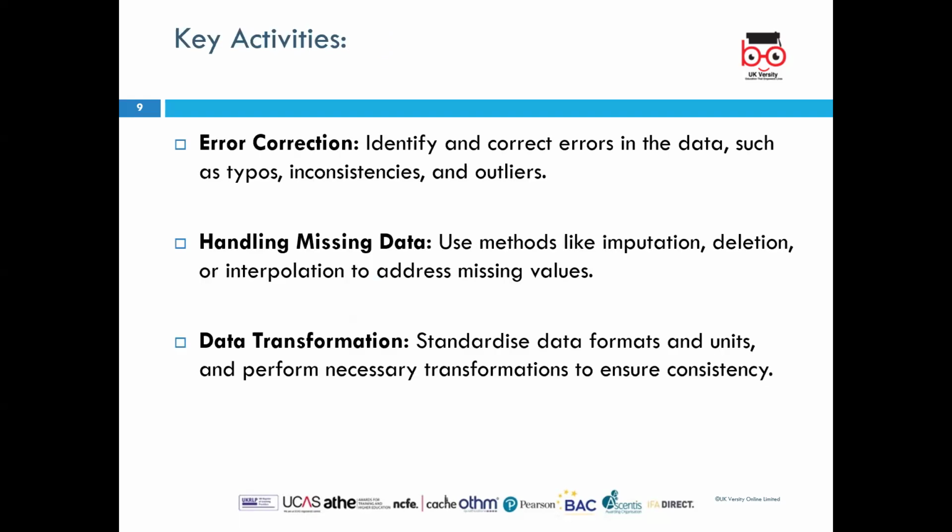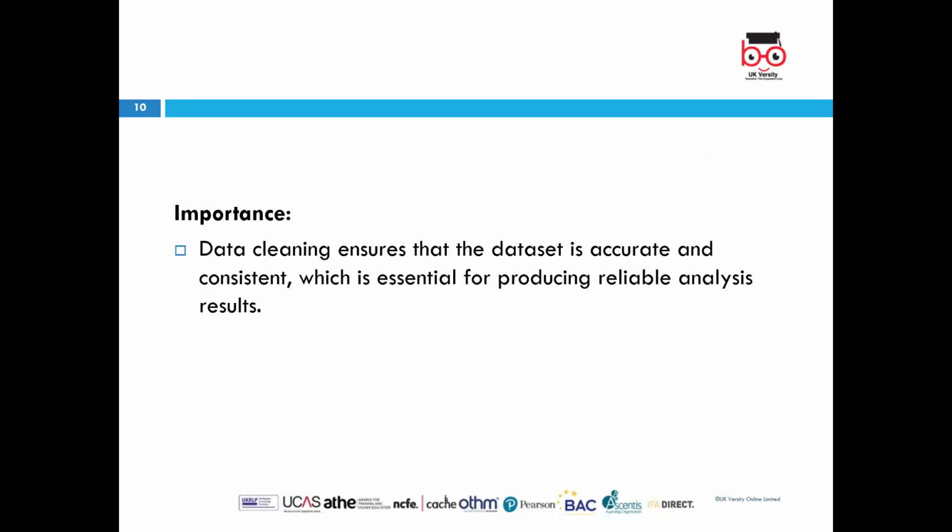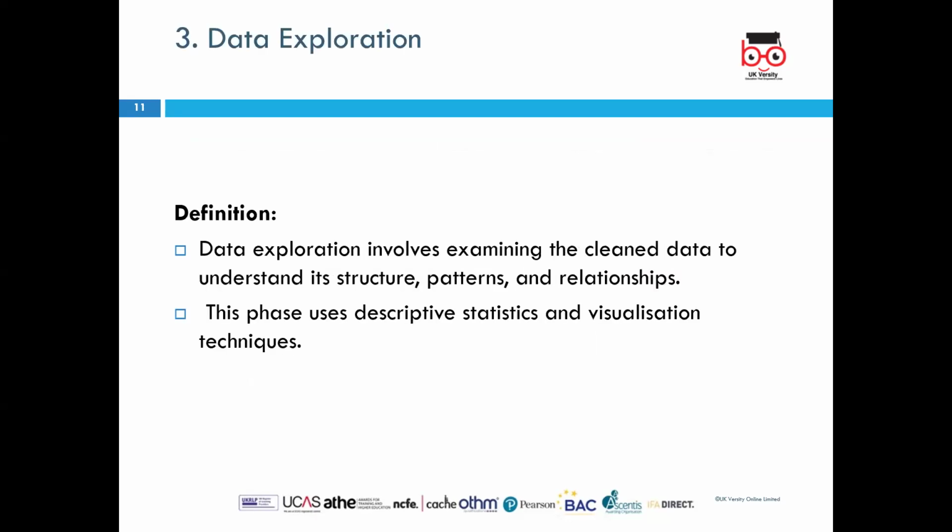The activities involved are error correction, handling missing data, and data transformation. This is important because it allows us to clean our data set and have as much accuracy as possible.